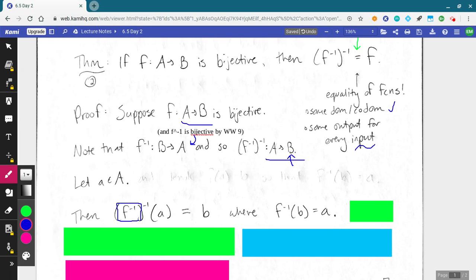And well, what element is this going to give us? Well, thinking back to our definition of an inverse function, this function's inverse at a equals b. Well, that's going to happen if and only if this function sends b to a. Right? If and only if, for us, f inverse of b equals a. All right, it's a little bit weird because we've got these two levels of inverse functions, but we're just using our definition.